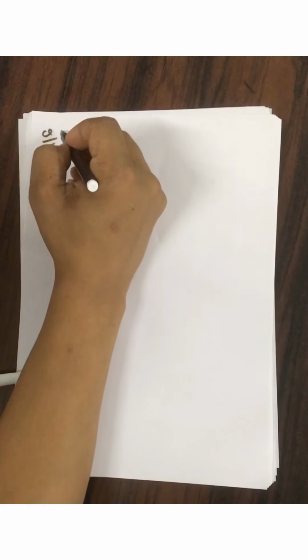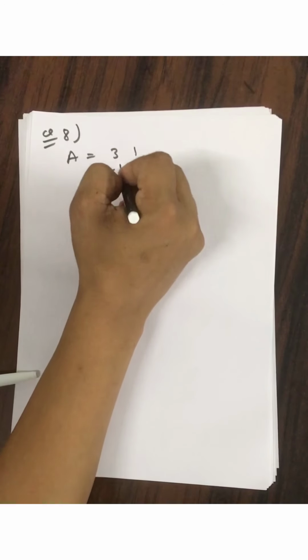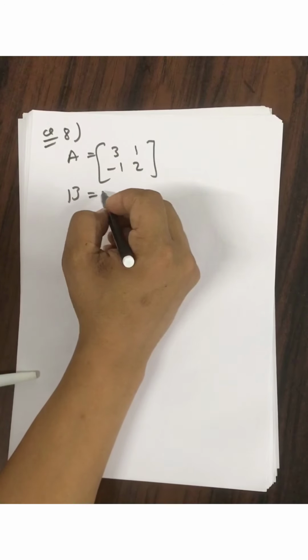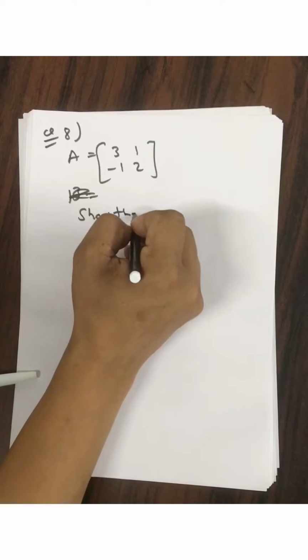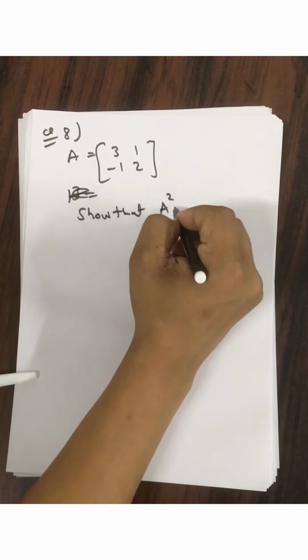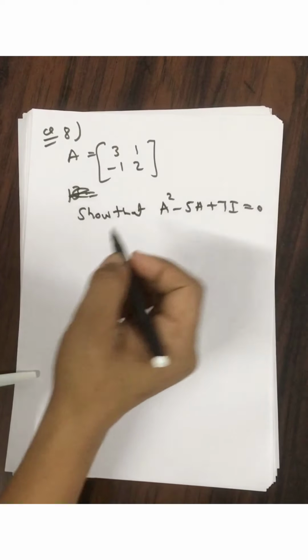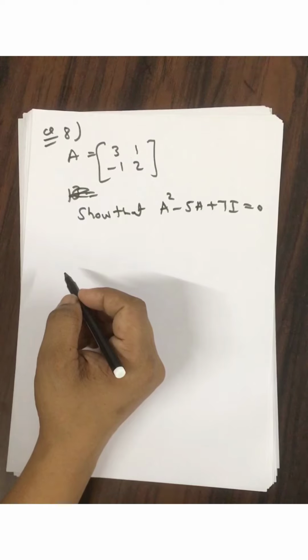Let's move on to the next question. Question number 8 says that A equals [[3 1],[minus 1 2]]. Show that A square minus 5A plus 7I equals 0. Okay, let's do it in the same way.